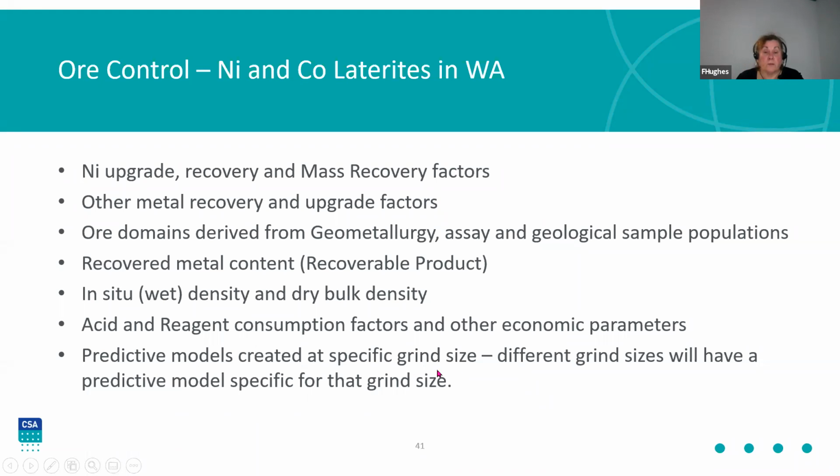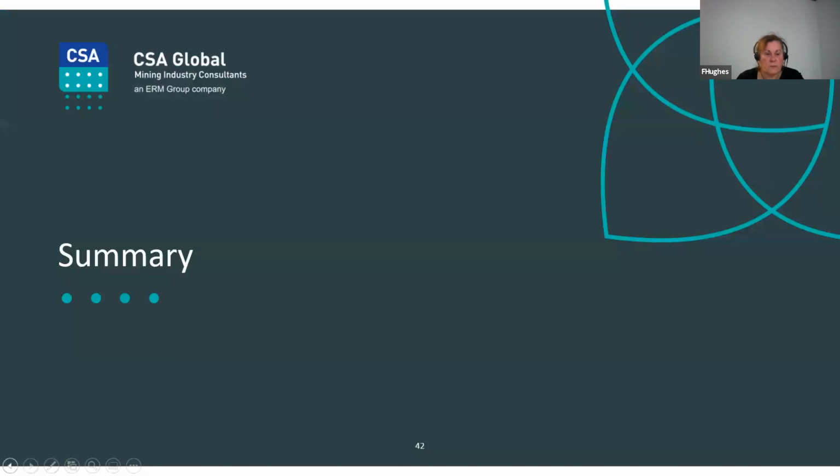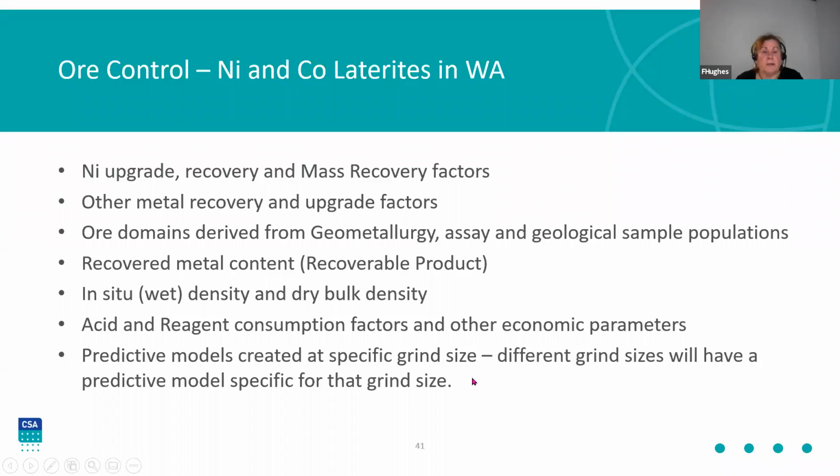Well, one thing that's notable, certainly with nickel laterites, and I haven't really studied them much in other commodities, is that predictive models can be created at specific P80 grind sizes. And if you decide to change that, then you'll need a different set of predictive models, because as you increase or decrease your grain size, the elements that might be having an effect on product recovery, the proportions of that will change.